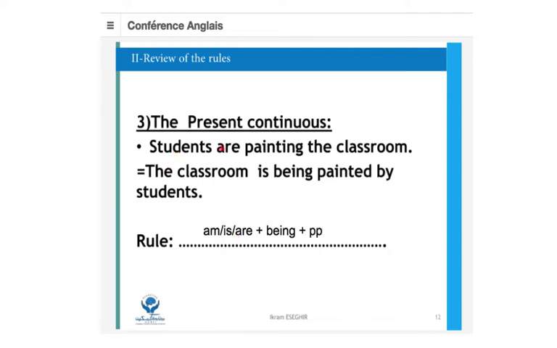So students is the subject. Are painting is the verb paint in the present continuous. Are painting what? They are painting the classroom. This is an object. So I write the classroom, because it's singular, is plus being plus past participle by students.